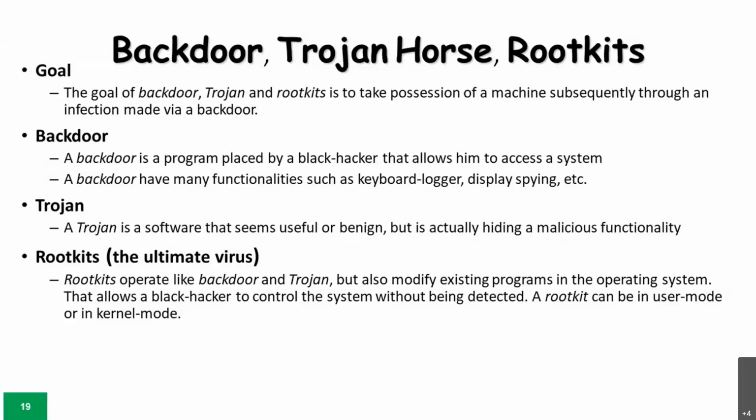Next is Trojan. A Trojan is software that seems useful or benign, but is actually hiding a malicious functionality. A Trojan horse looks like legitimate software, but it is not legitimate software.